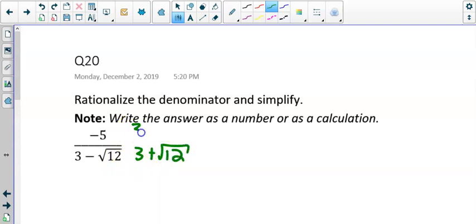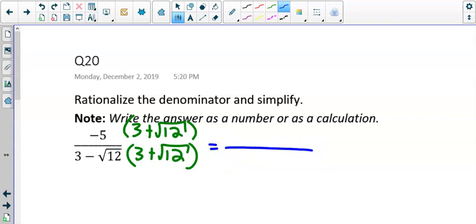That's what we're going to use to rationalize. That's the only way we're going to get rid of the radical in the denominator, because some mathematician long ago whined about having irrational numbers in the denominator.